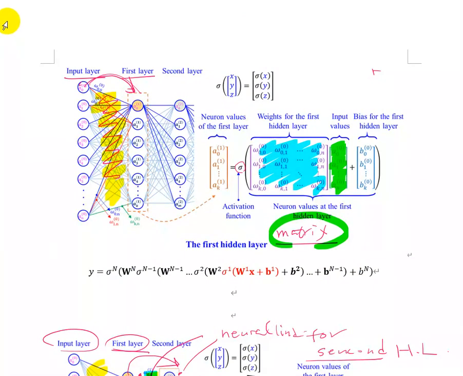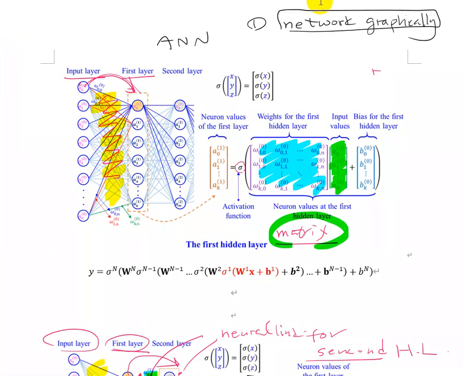So we have a couple of ways to demonstrate and define artificial neural networks. First of all, we can use graphical networks, graphically like this, and this is the topology of artificial neural networks. The second way is to use equations, either mathematical expressions or matrix formulations, which are identical, as you see over there.